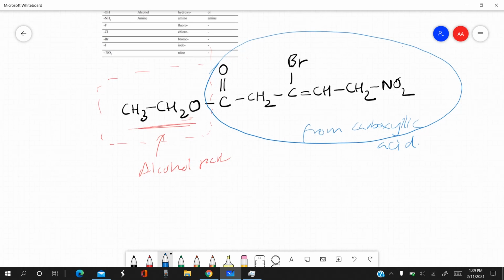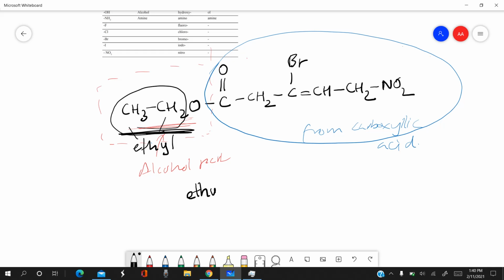You have to name these two parts separately. First, when writing the name, you've got to write the alcohol group. Consider it as an alkyl group. Since there are 2 carbons, it's eth. This is the alkyl group, ethyl. So when naming, first write the alcohol part, ethyl.